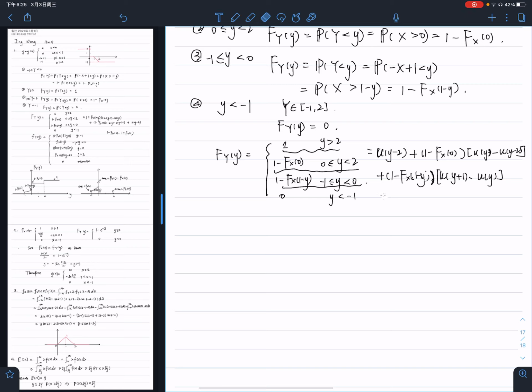In the last part, it is equal to 0, and this part can be omitted.